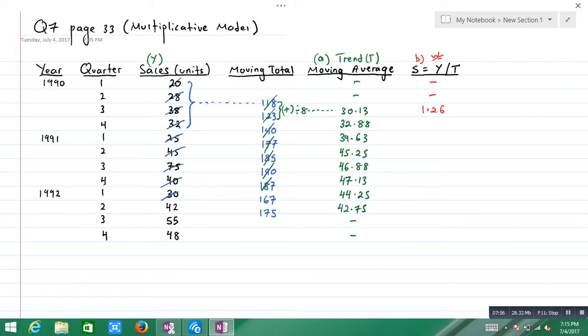Can we continue the part B? Okay. Now, scroll up. It's exactly the same. Certain workings only are going to be different.